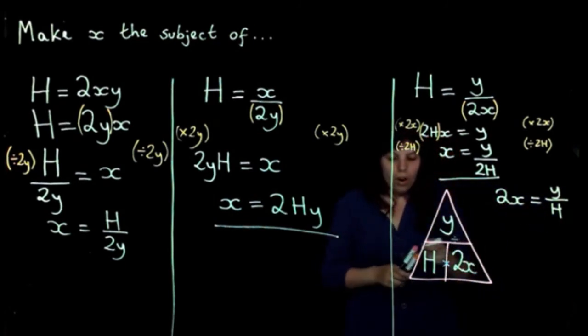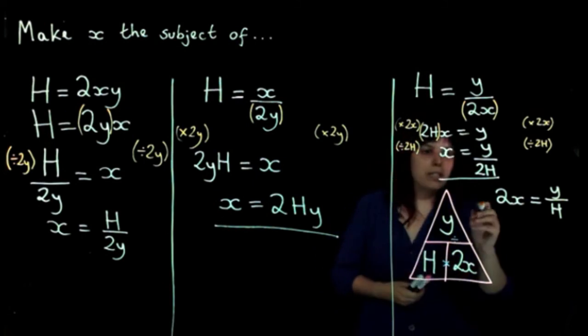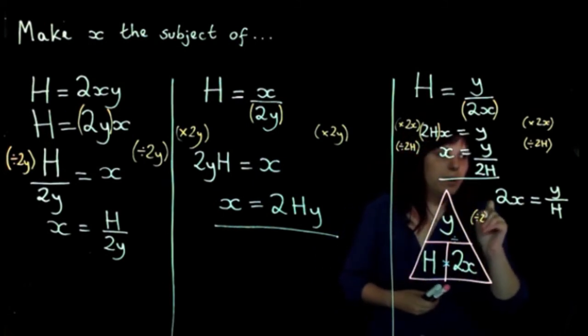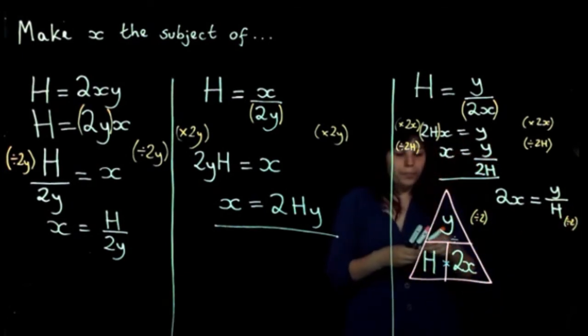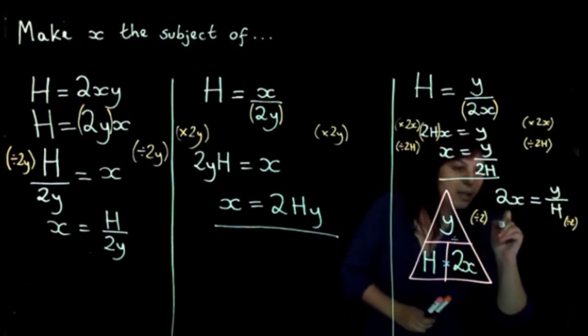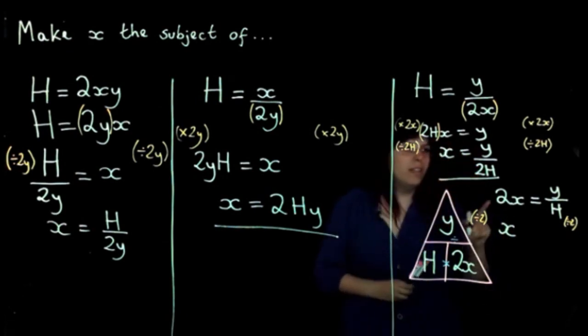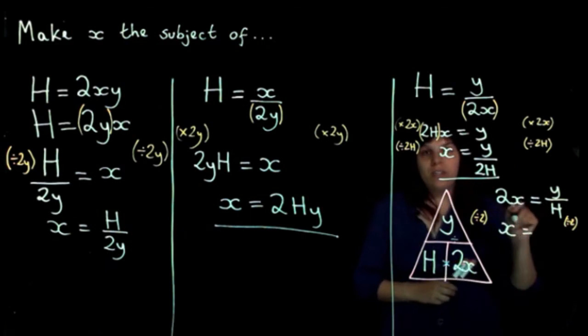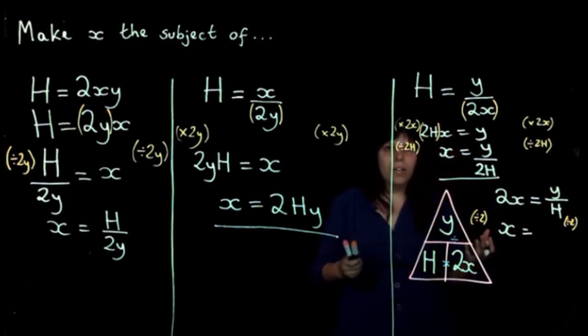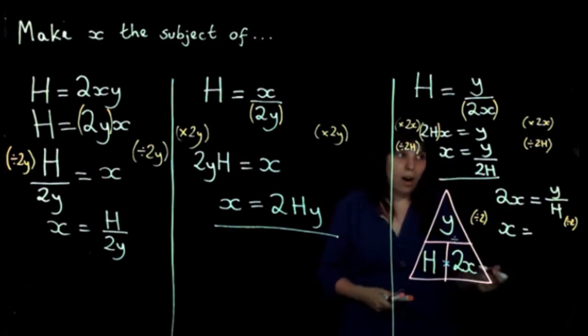Now, I want x on its own, so I'm going to have to divide both sides by 2. So on this side, I'm simply going to get x. But on this side, I'm going to have to do y over h divided by 2. Now we know that divide by 2 is the same as multiplying by a half.